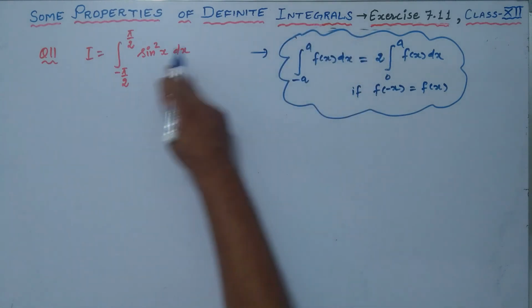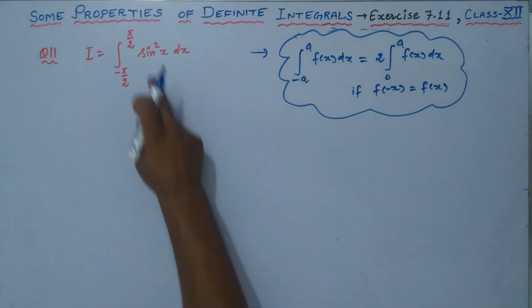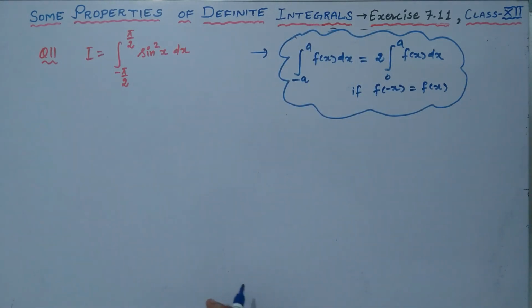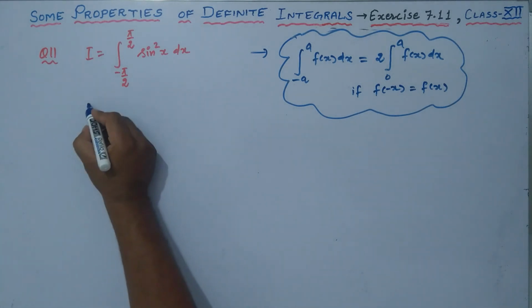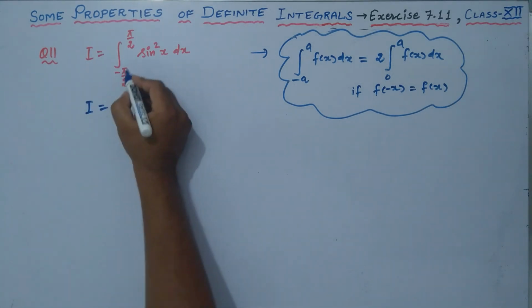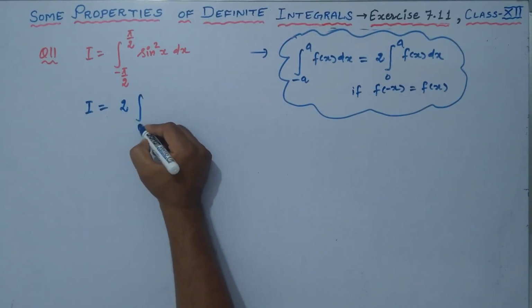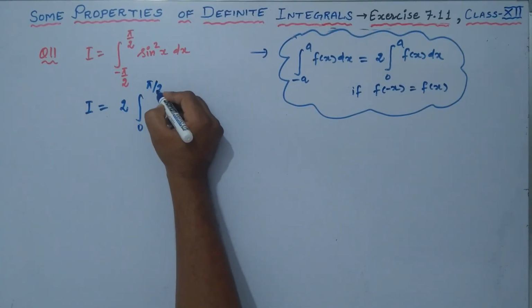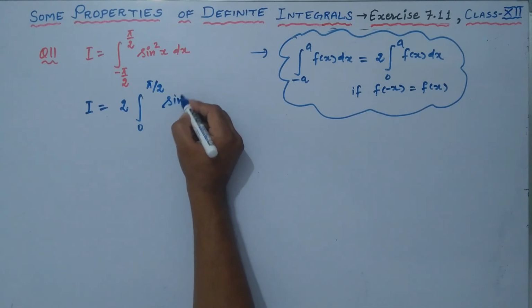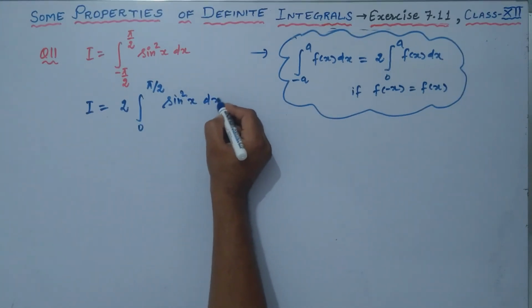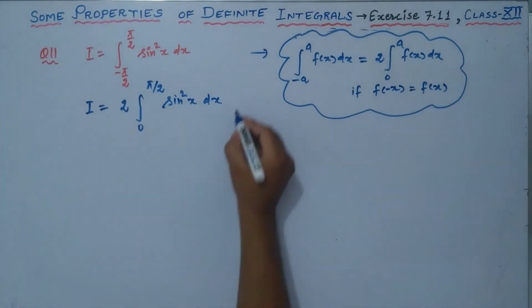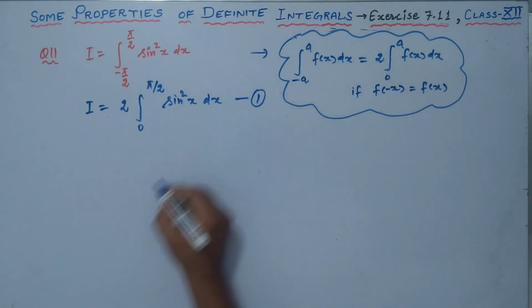So here because this power is 2, that makes the function even function. So we can write here I is equal to, according to this rule, 2 into integral 0 to pi by 2 of sine square x into dx. So suppose this is number 1.